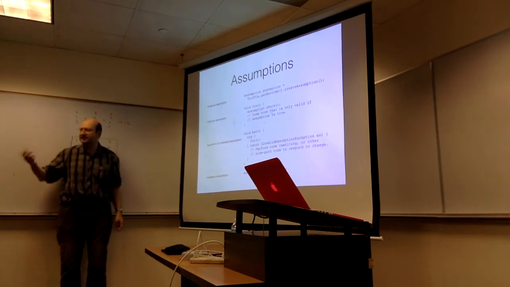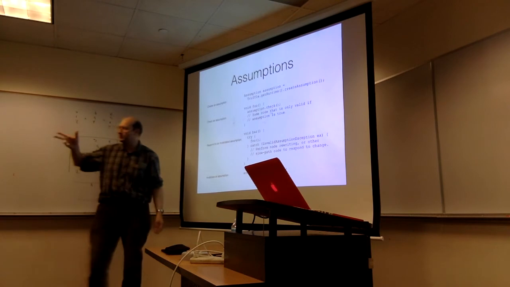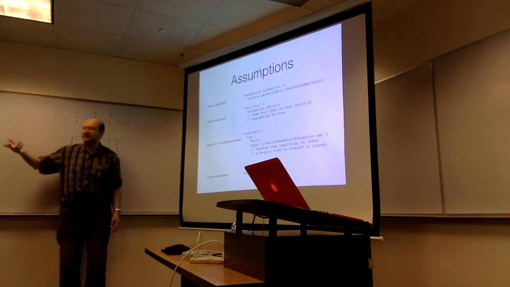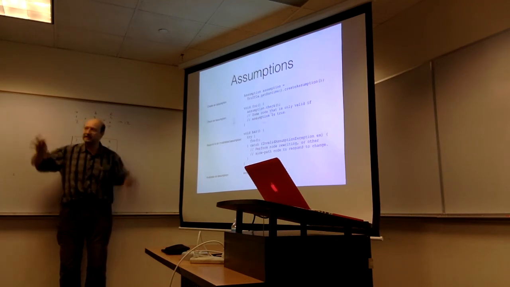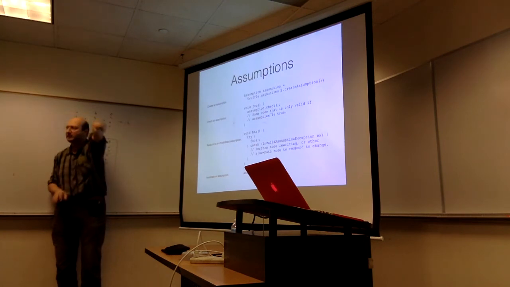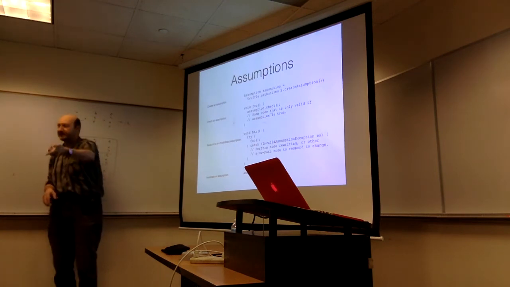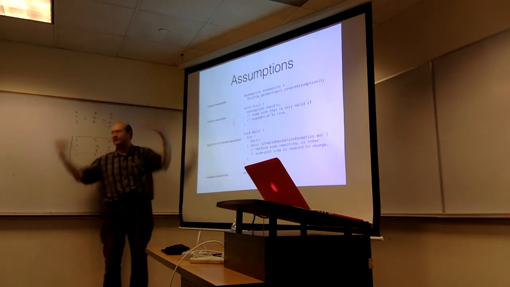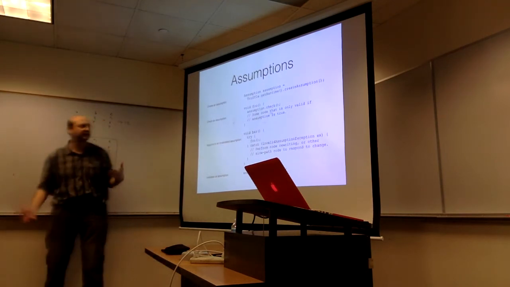Like I showed you in Self, where I could make an assumption about the types of the plus. Plus is going to be ints. I've only ever seen ints. I'm going to inline int plus. But when I change the int plus definition, I have to find all of the places where I made that decision and throw that code away. Well, this is an API for doing exactly that, without having to implement all the machinery under the cover.